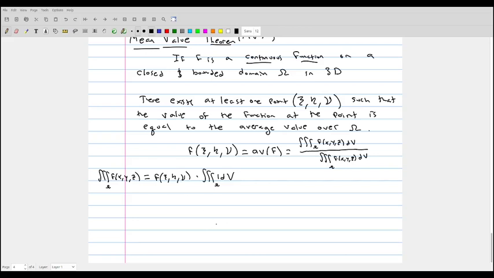So you can use that to say that the triple integral of a function over any region will always be bounded above by M, where M is the maximum over omega of the function f, so M times the volume, and it'll always be bounded below by lowercase m times the volume.